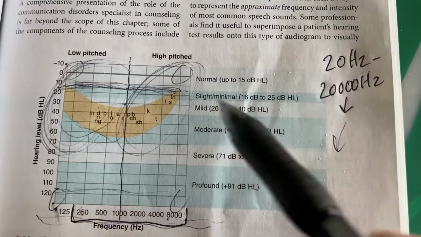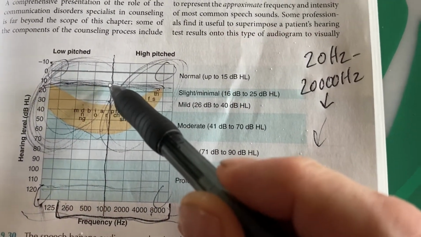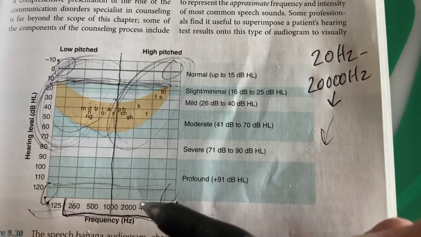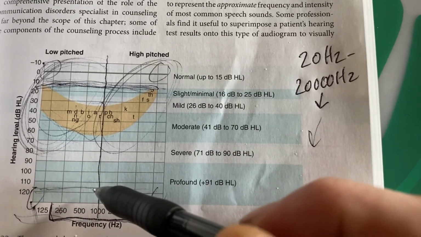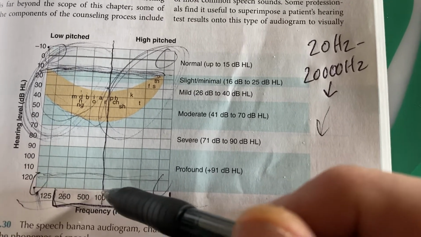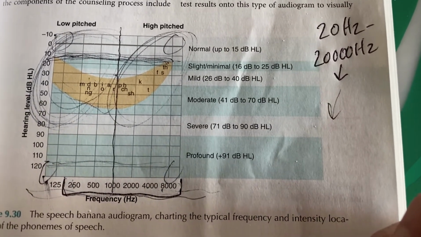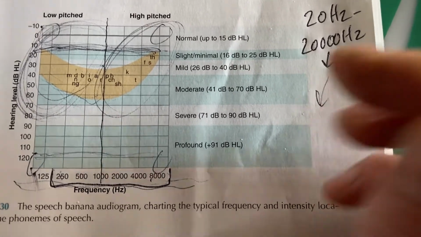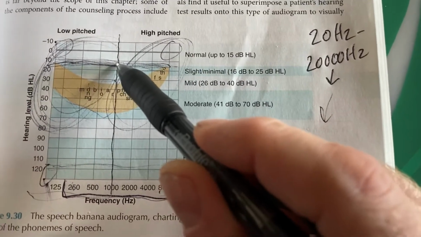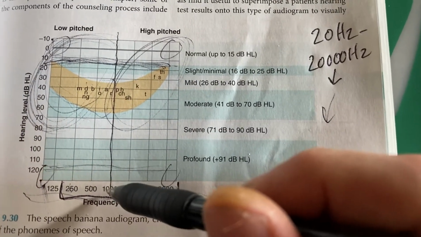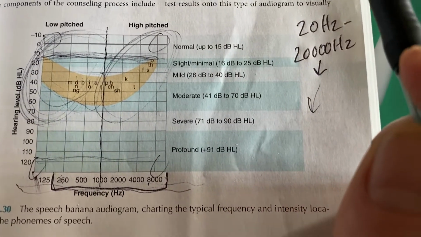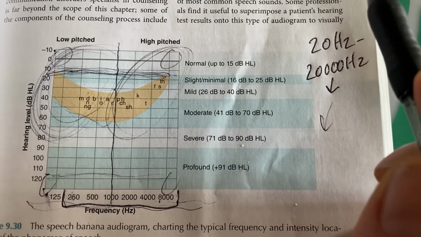It's important to note that for somebody with normal hearing, a 1000 hertz tone at 15 decibels sounds as loud as a 115 decibel tone at 1000 hertz to somebody with a profound hearing loss. They both will sound like the proverbial pin drop. So acoustically, one is very soft and one is very loud, but psychoacoustically, those two tones sound the same to the two different patients that I'm describing.